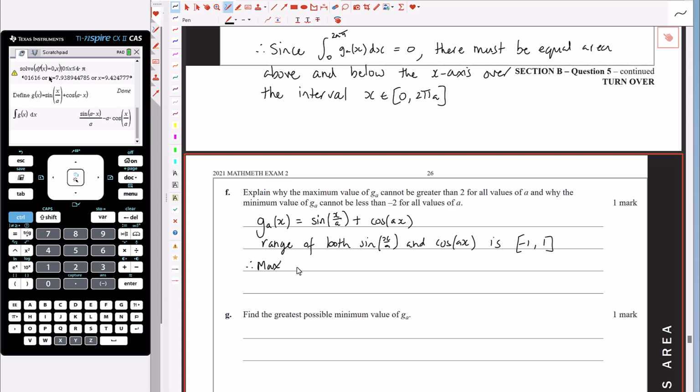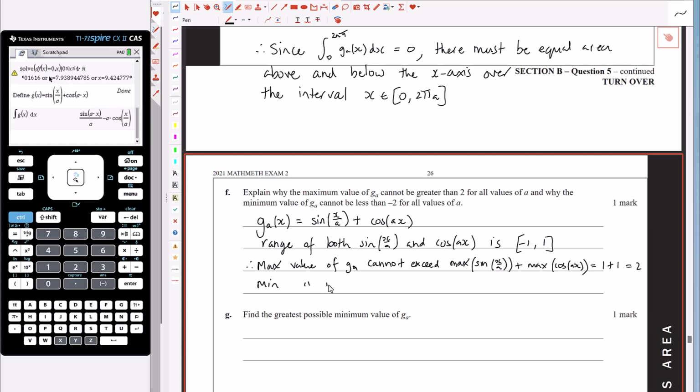Therefore, max value of GA cannot exceed maximum of sine x on A plus maximum of cos AX, which is 1 plus 1, which is 2.